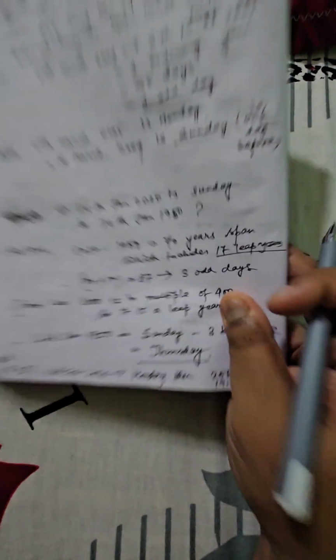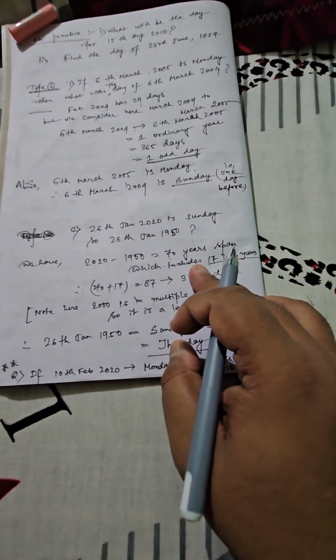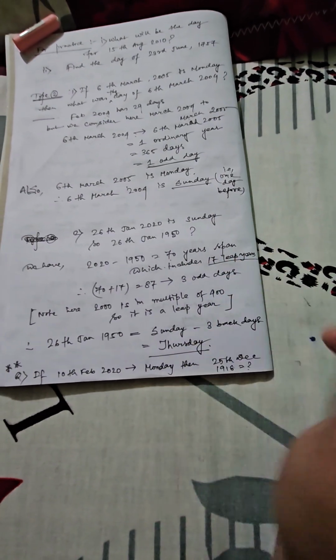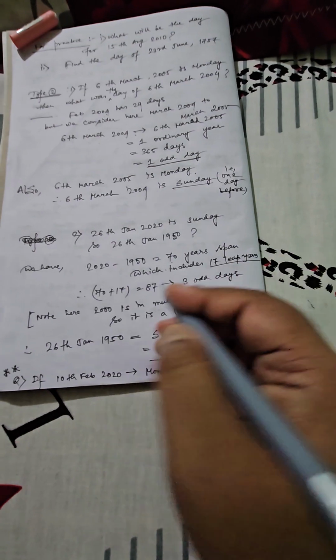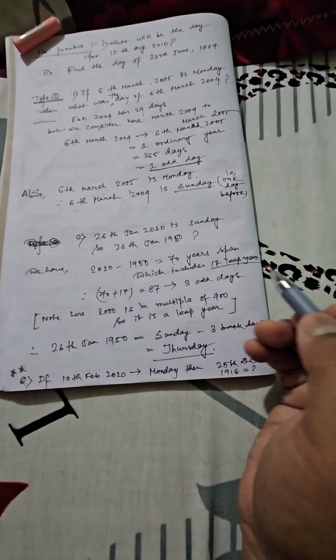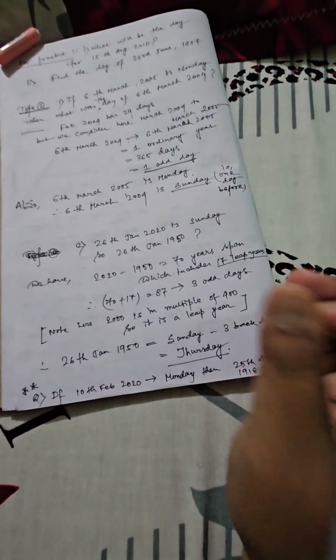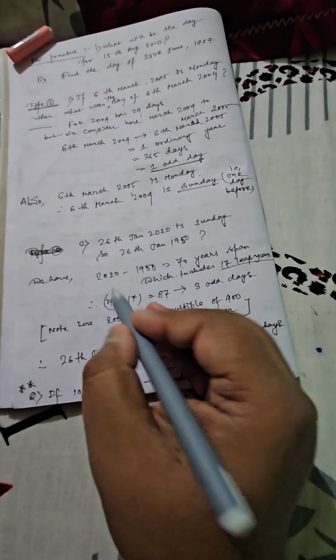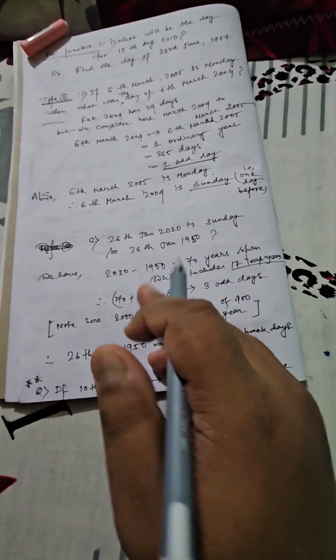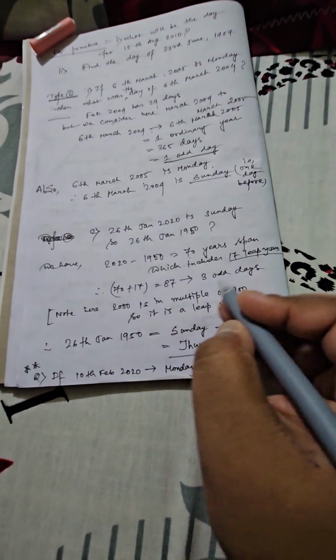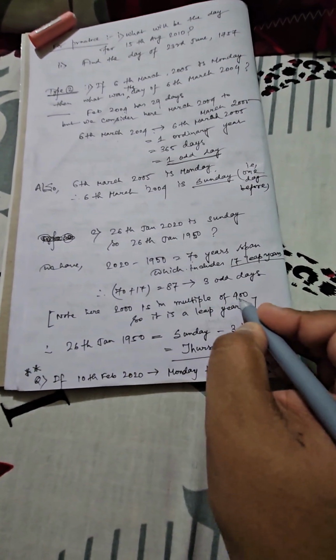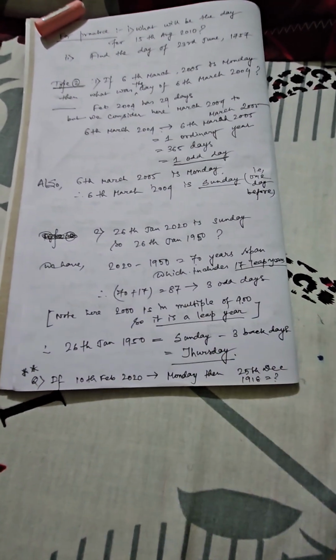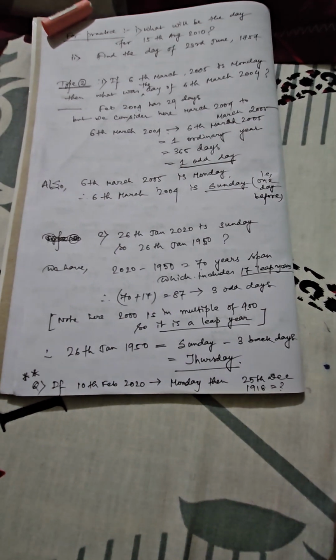Whenever you are considering 17 leap years already included in it, identify how many odd days are there. Now one thing you must not forget, 2000 is already included in this span, so it is a multiple of 400. So that's why we can consider it is divisible by 4 as well as 400.